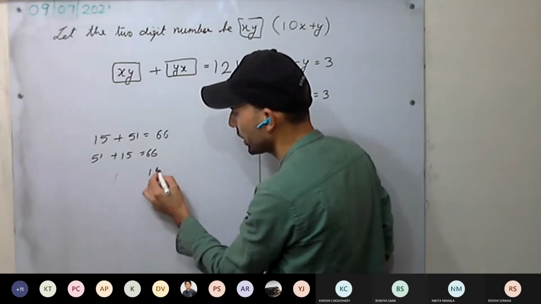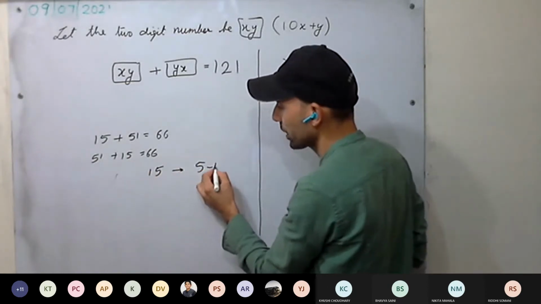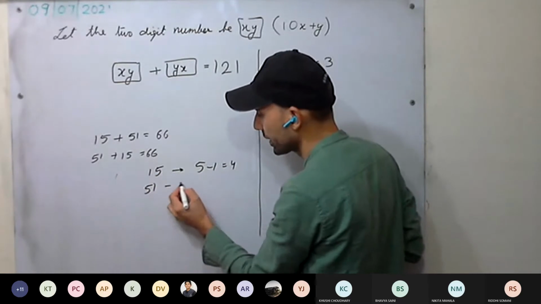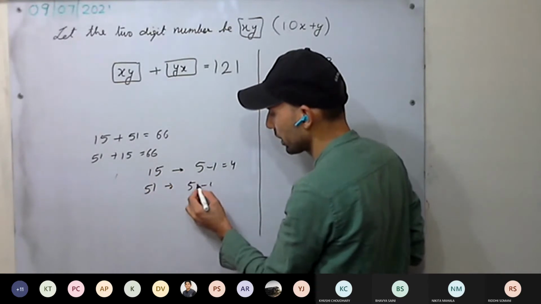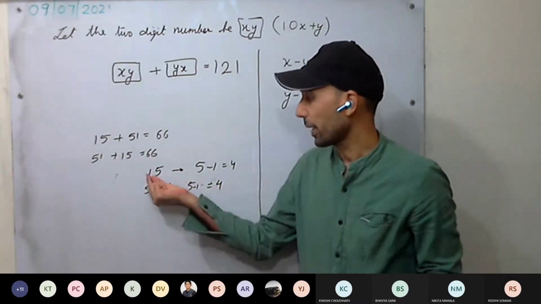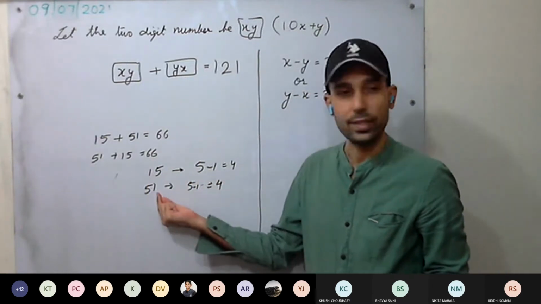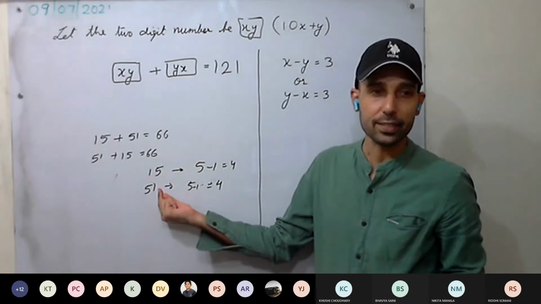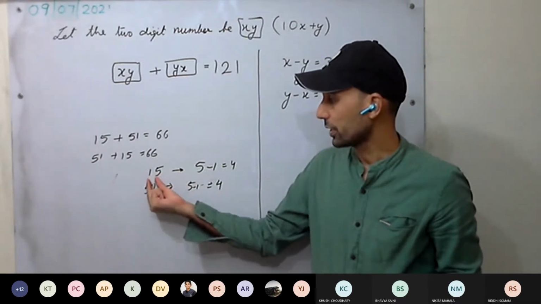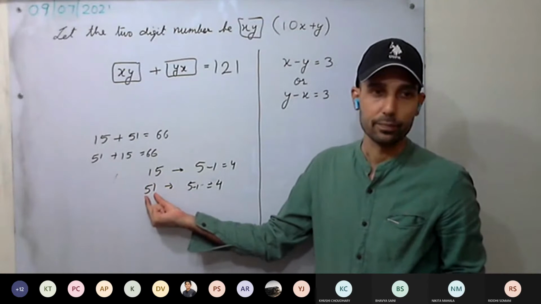It means 15 is the number, I can say 5 minus 1, they differ by 4. 51 is the number, I can say 5 minus 1, they differ by 4. Whether y minus x I take or x minus y I take, both numbers satisfy that thing. Both numbers are differing by 4. The difference is 4.